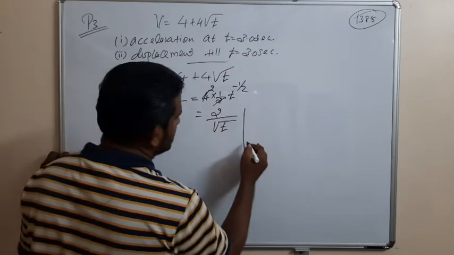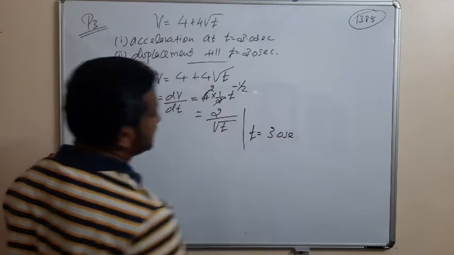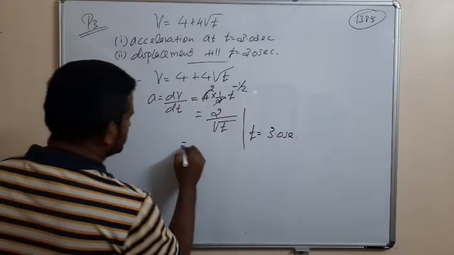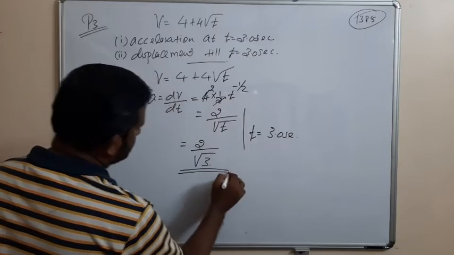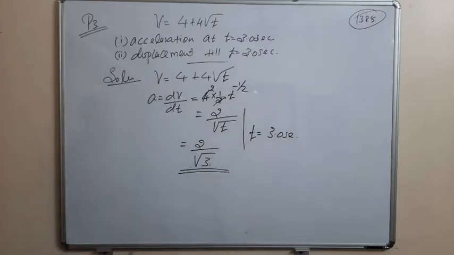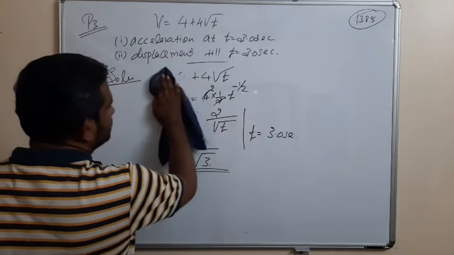So we have to find the acceleration at t = 3 seconds. So that's equal to 2 by root 3. So that's the acceleration. Second one, displacement.